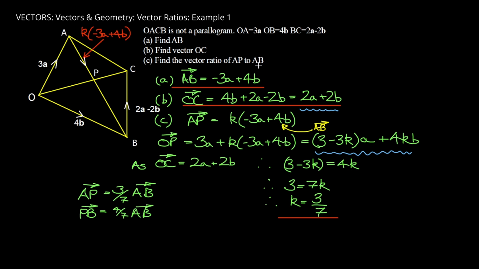So in terms of ratios, the vector ratio of AP, our smaller distance, to AB, the whole thing, will be 3 to 7. Incidentally, if you wanted the ratio of AP to PB, the other bit of the line, this would be the ratio of 3 to 4.